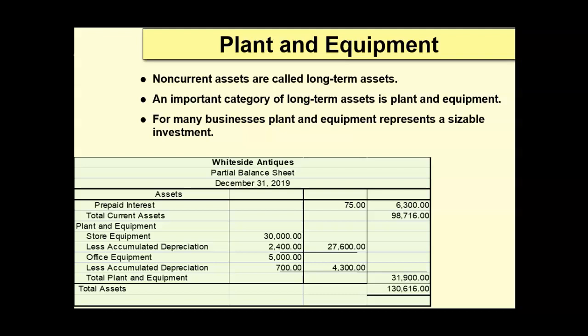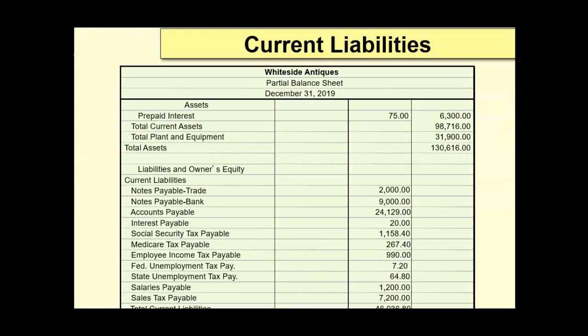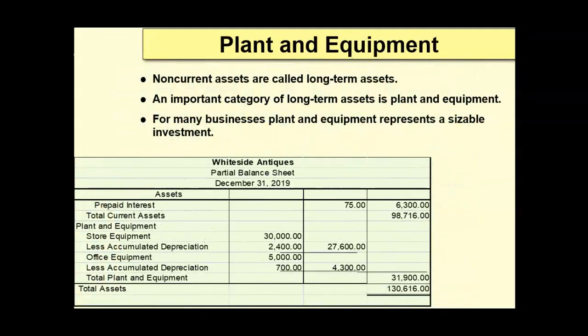So now we're going to get a total of all of our plant and equipment assets, and they total $31,900.